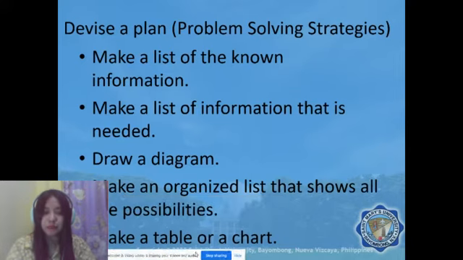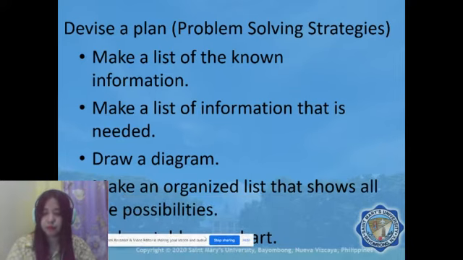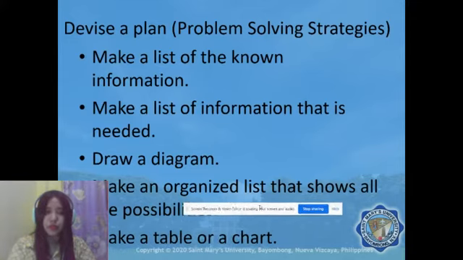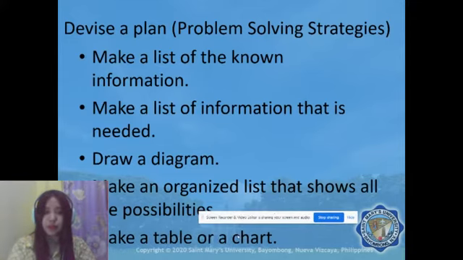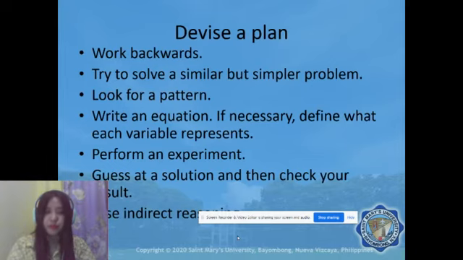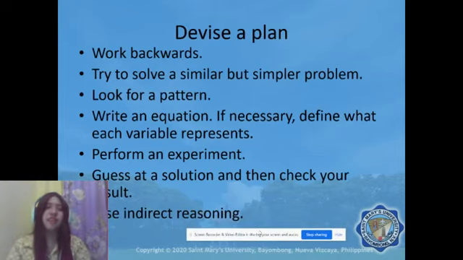Okay, next. Let us also consider all the others. We have work backwards, try to solve a similar but simpler problem, look for a pattern, write an equation if necessary and define what each variable represents.